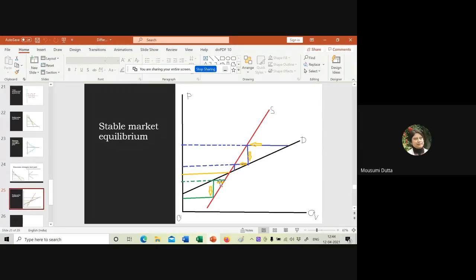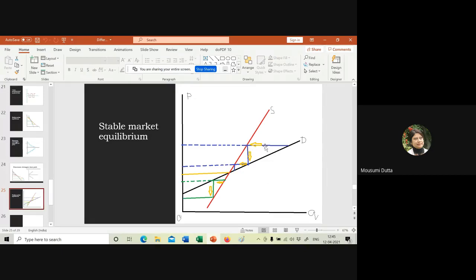So there is some problem if I try to check the cases with the positively sloped supply curve. In this direction, if I look at this part, there is an excess supply, so price is falling.